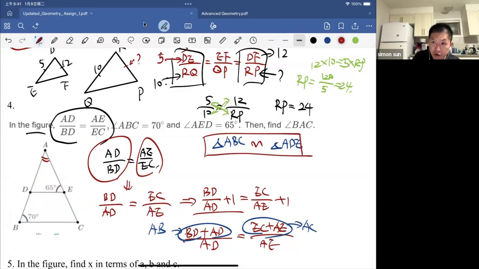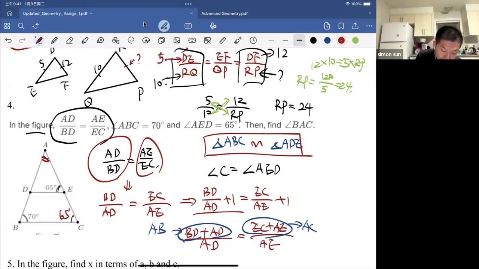Once you prove those triangles are similar, angle C will be equal to angle AED, since the corresponding angles are the same, so 65 degrees. Now, in order to calculate BAC, we already know two angles: angle C is 65 degrees and angle B is 70 degrees.